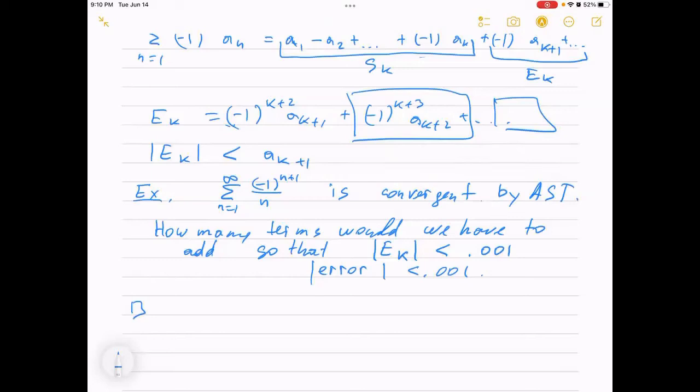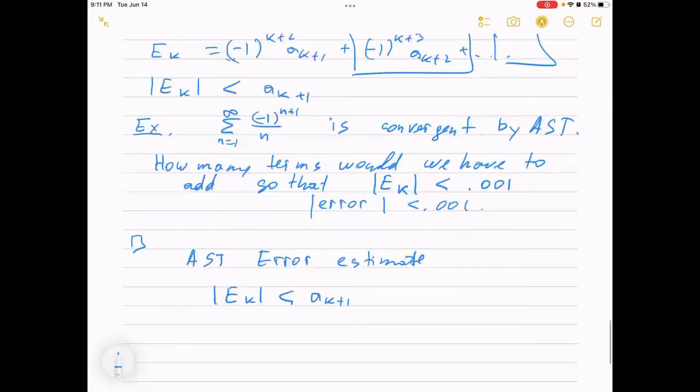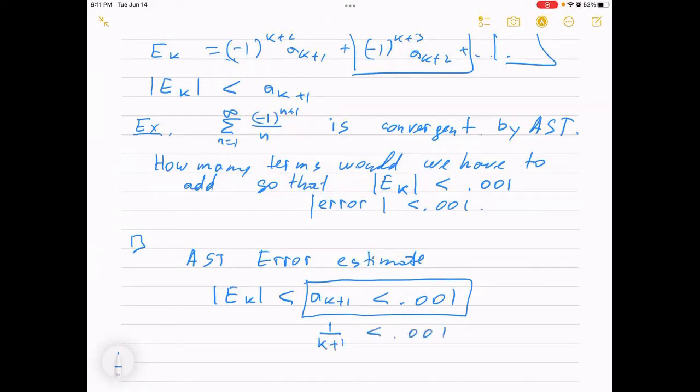So using the AST error estimate, we know that the error is going to be less than a_(k+1), and we wish it to be less than 0.001. So we're going to concentrate on the second inequality. a_(k+1), because we are working with the alternating harmonic series, is 1 over k plus 1. It's going to be less than 0.001.